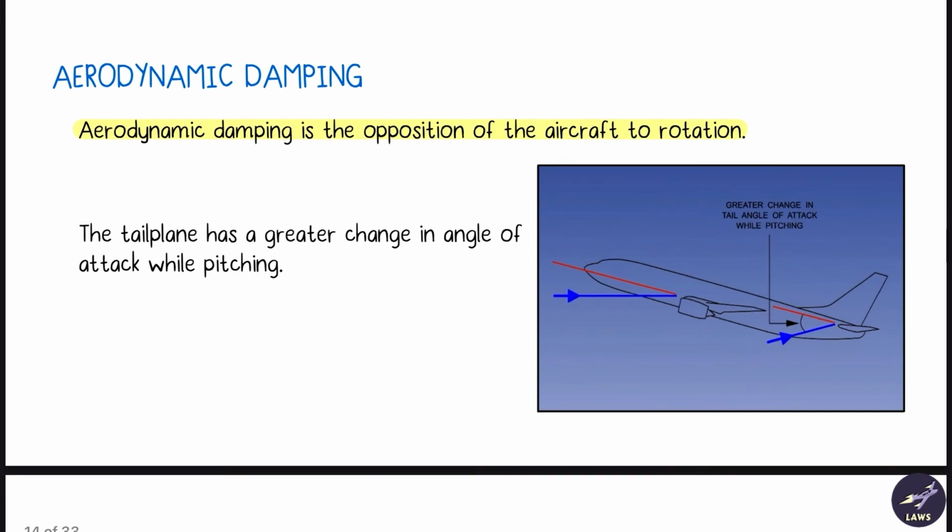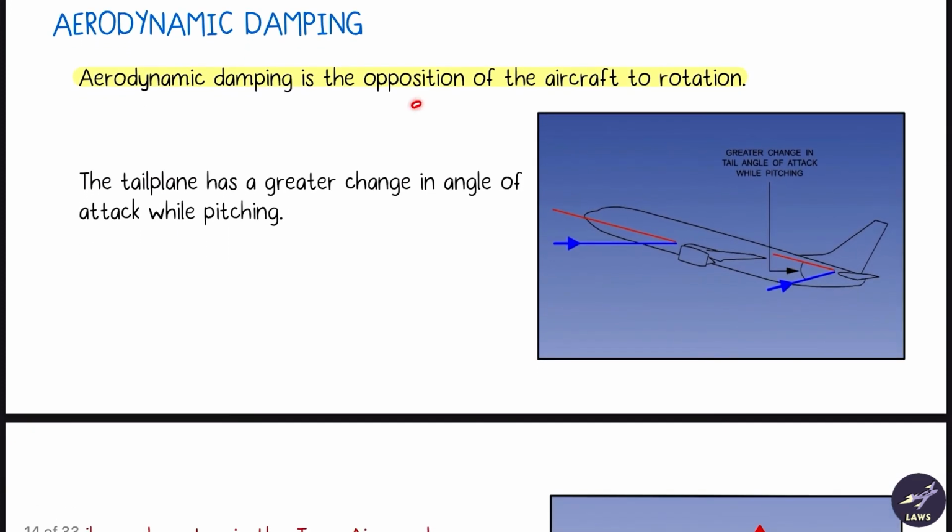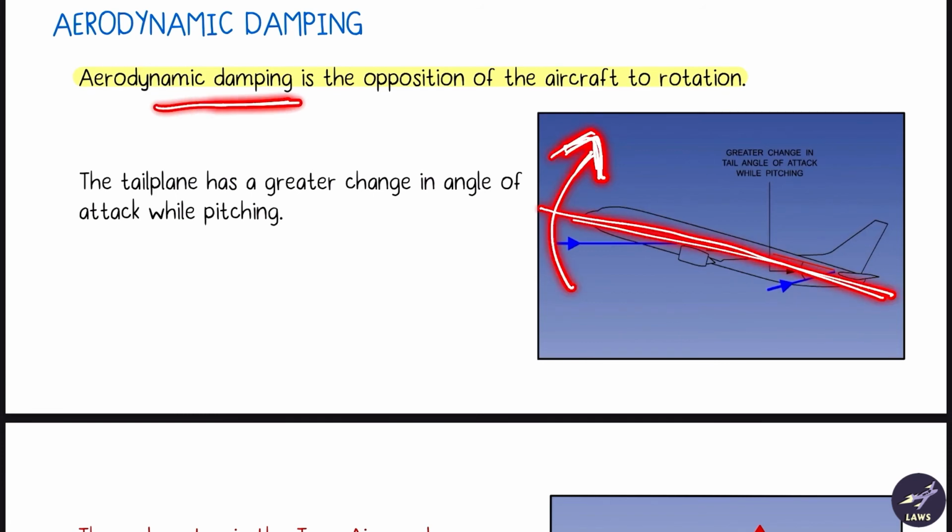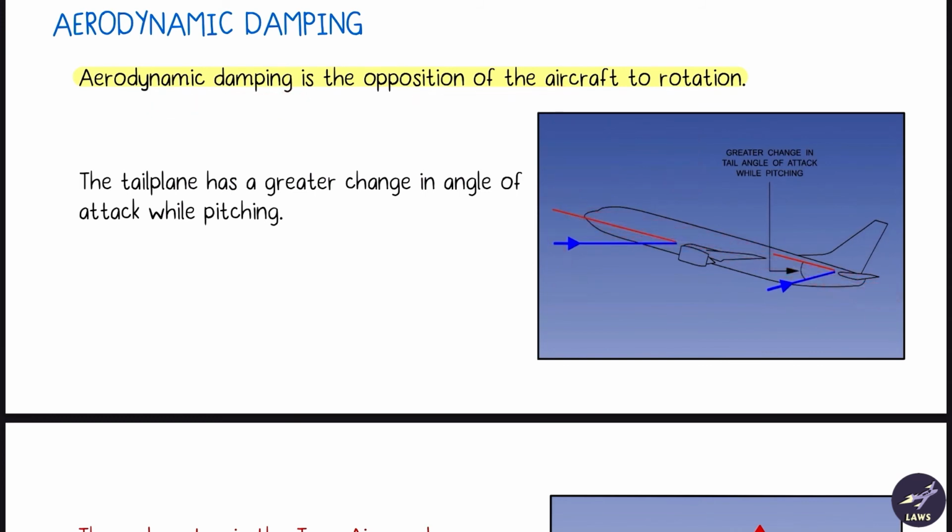Next is aerodynamic damping, which is the opposition of the aircraft to rotation. So if this is the longitudinal axis, the aircraft is rotating like this if it wants to pitch up. When the aircraft is pitching up, this aerodynamic damping will oppose the pitching.